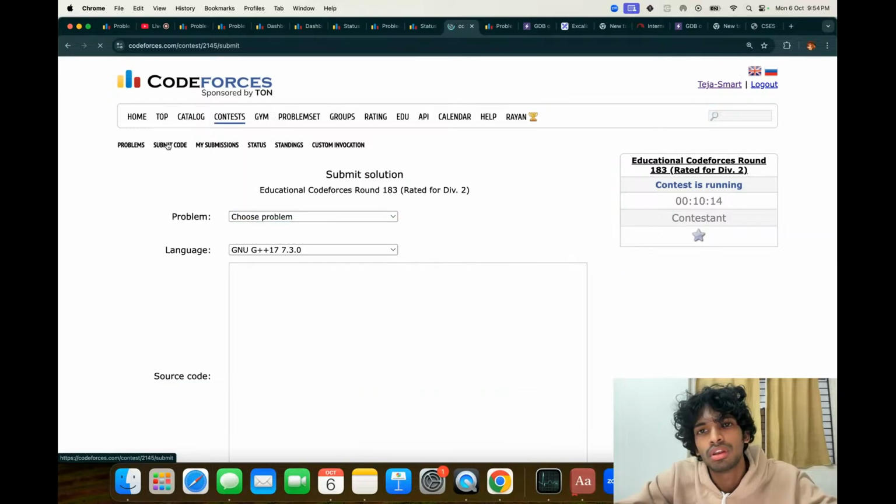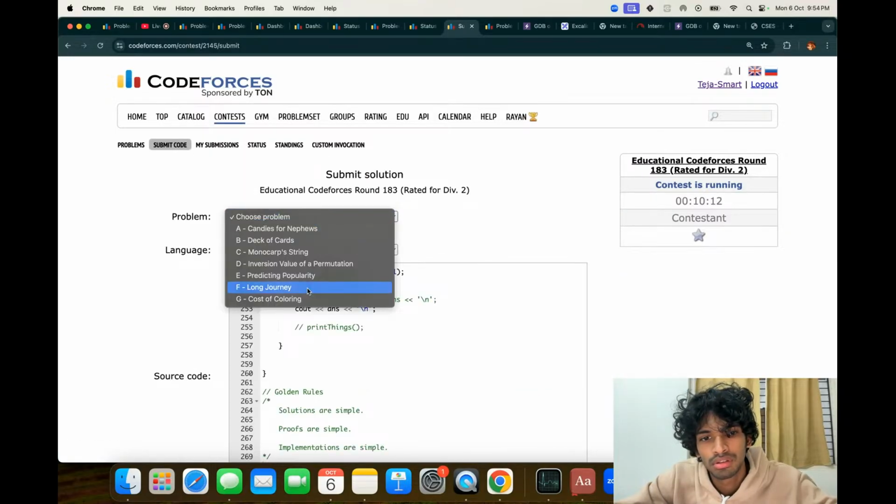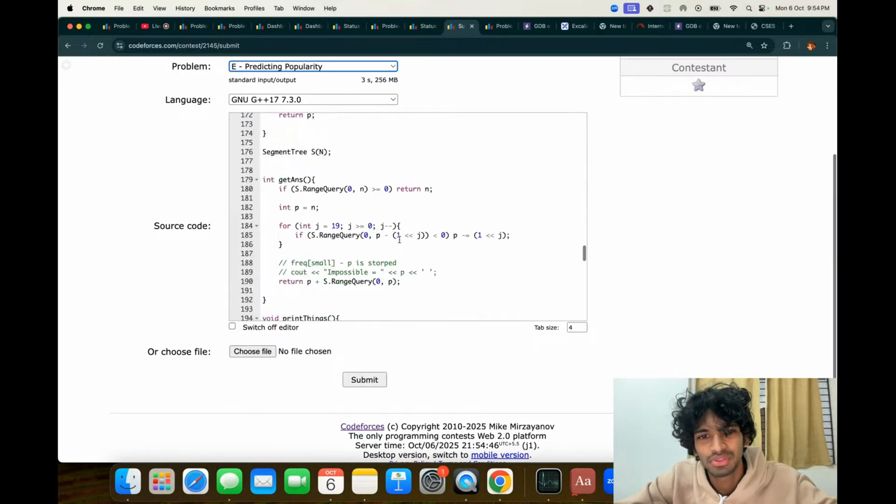So is log n square not allowed? Why is it so shitty?